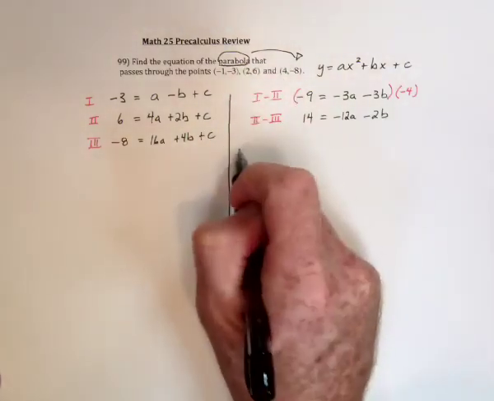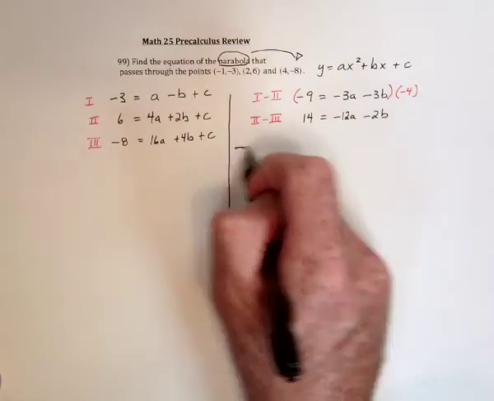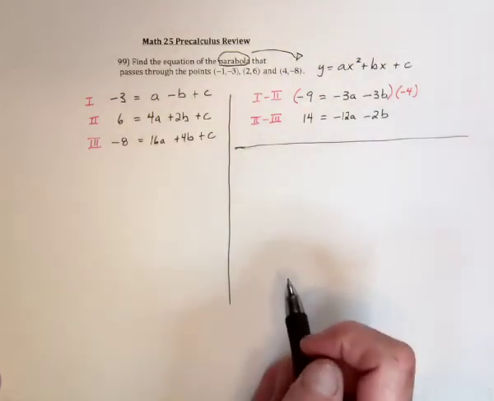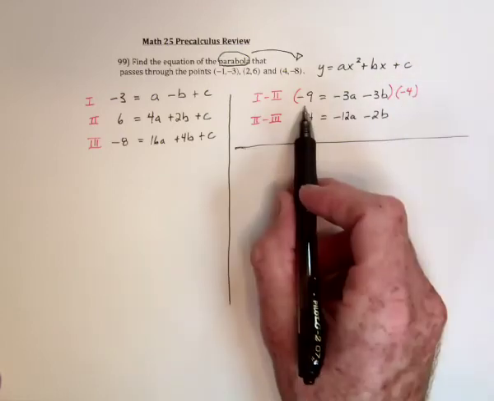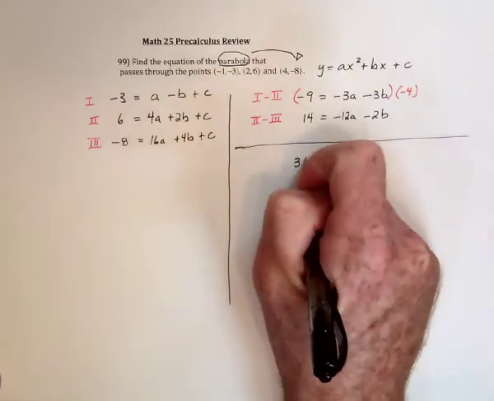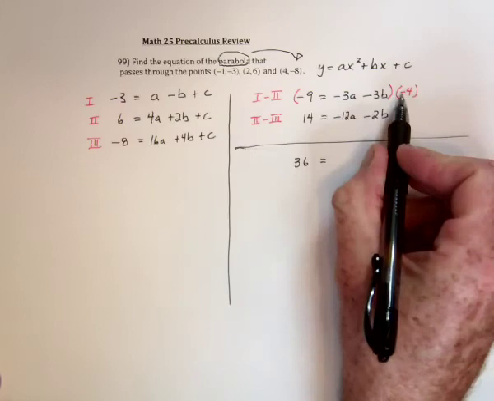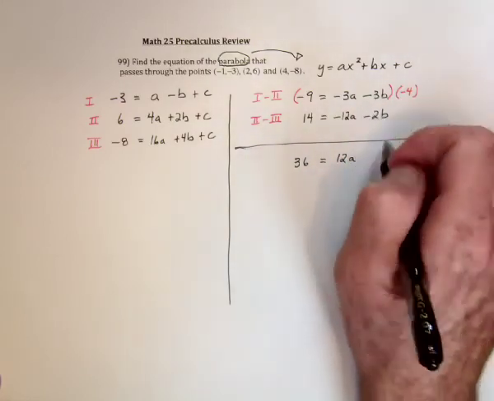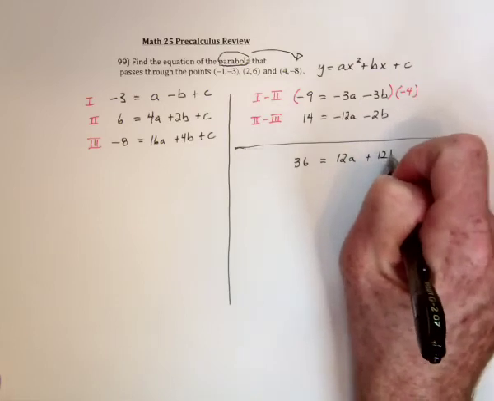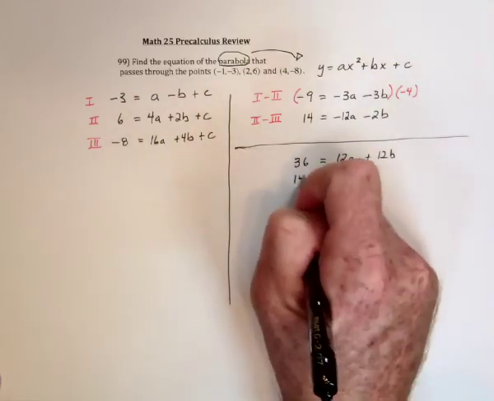Okay, so then, let's see, I need to distribute this -4, so that's going to be a +36. Distributed there is a +12a. Distributed right there is a +12b. The bottom equation, just leave it the same.